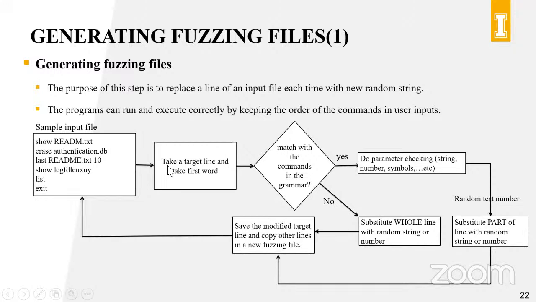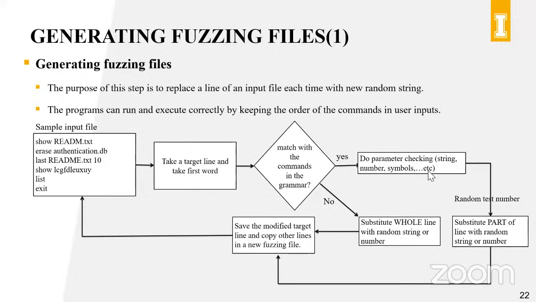Then we take the target line, starting with the first line, take the first word, and compare it with the grammars that we extracted. If there is a match, we do the parameter checking, whether it's a string, character, number, or symbols, and then substitute part of the line.